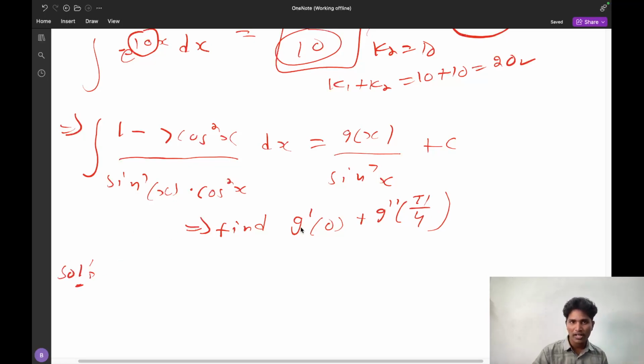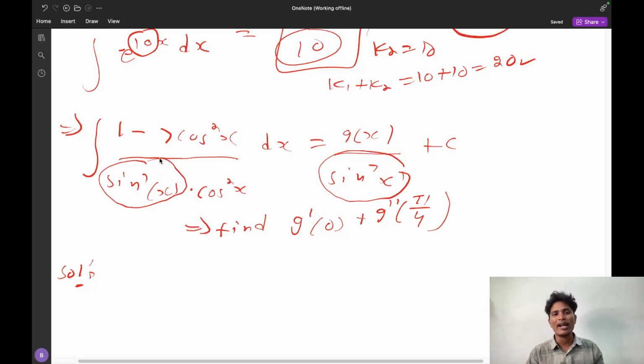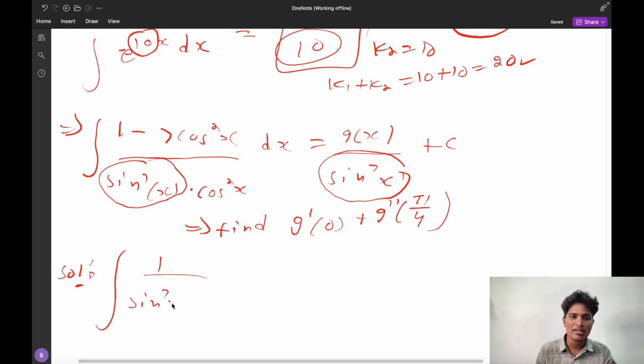If you observe carefully, the denominator in the answer, sin^7 x, is the same as in the question. So now I got an idea to split this integral: 1 divided by sin^7 x cos²x minus 7 cos²x divided by sin^7 x cos²x.